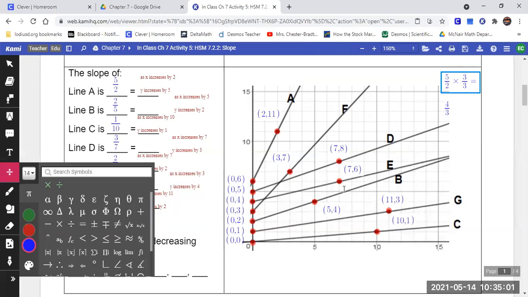Top times top, bottom times bottom. What does 5/2 change into? 15 over 6. Okay, so we're going to do the same thing to the 4 over 3. What are we multiplying by? So it's a common denominator. 2 over 2. Making a new fraction of what?